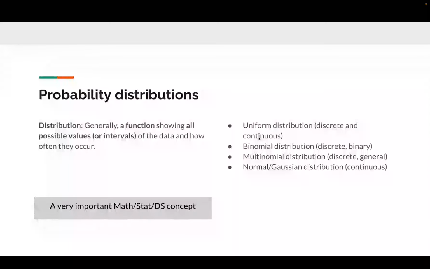If you understand the binomial distribution, then you can quickly connect to a more general discrete probability distribution of the same nature, what we call the multinomial distribution. But here we will just focus on the binary or binomial distribution. And then we will cover one continuous and very important probability distribution that you will encounter in many of the cases we'll be studying, what we call the normal or Gaussian distribution.